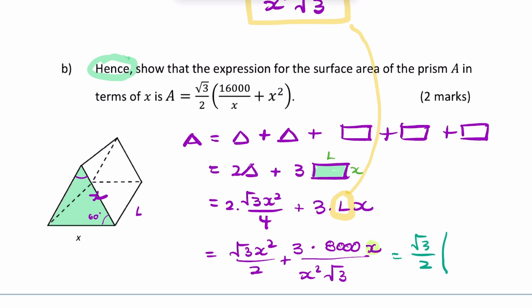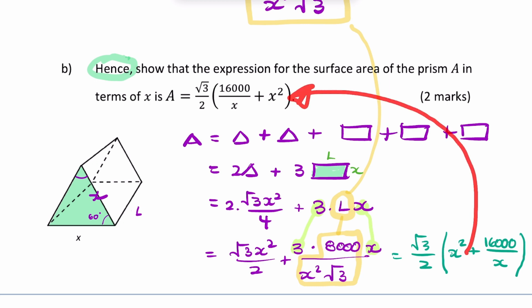So this x is this x, this 3 is this 3, and this is L. That will give us x squared plus 16,000 divided by x. And that's the same as the expression they gave us. So that's the answer to part B.